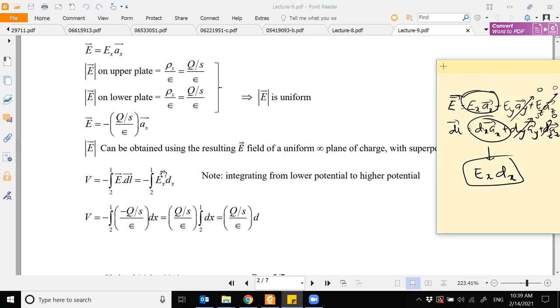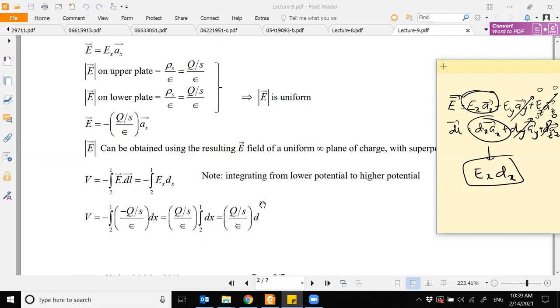Okay, now I'm substituting the value. I'm sorry, not the magnitude, the Ex component value, which is minus Q over S over epsilon. dx is as it is. And now, since these are all constants, I can take them outside. So it is integral 2 to 1 of dx.